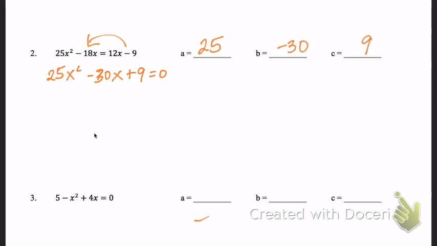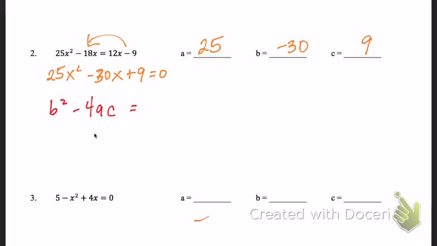I'm going to go ahead and do this stuff under the radical first. So b squared minus 4ac. And we're going to actually learn what that means here in a minute. So there's a reason why we're doing this first, and we'll figure that out on the back.